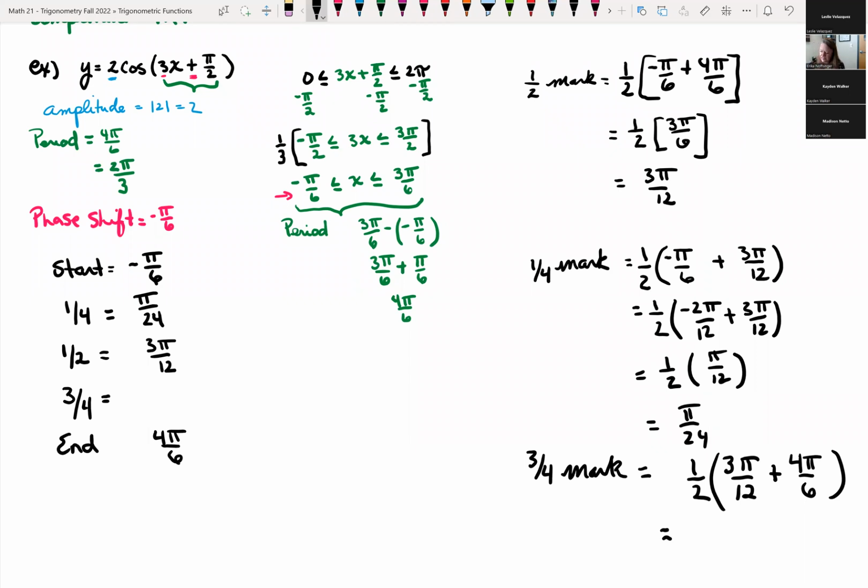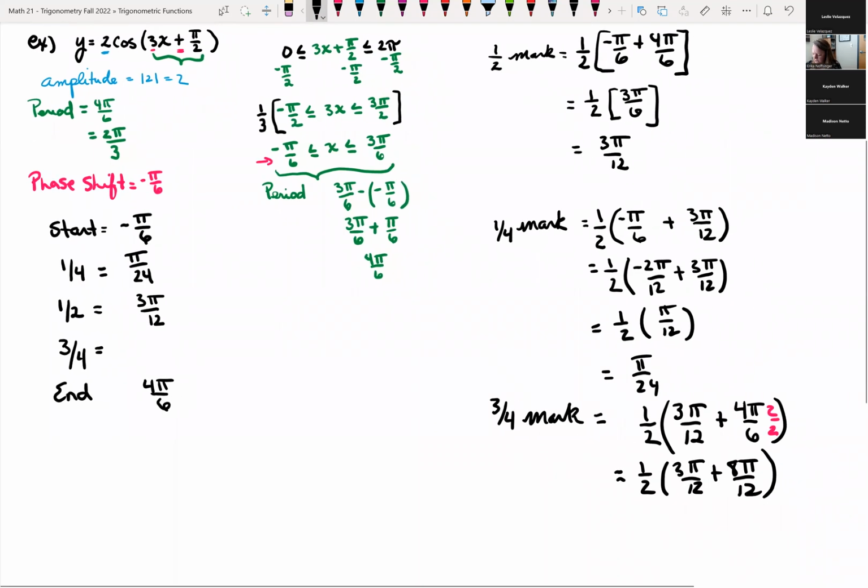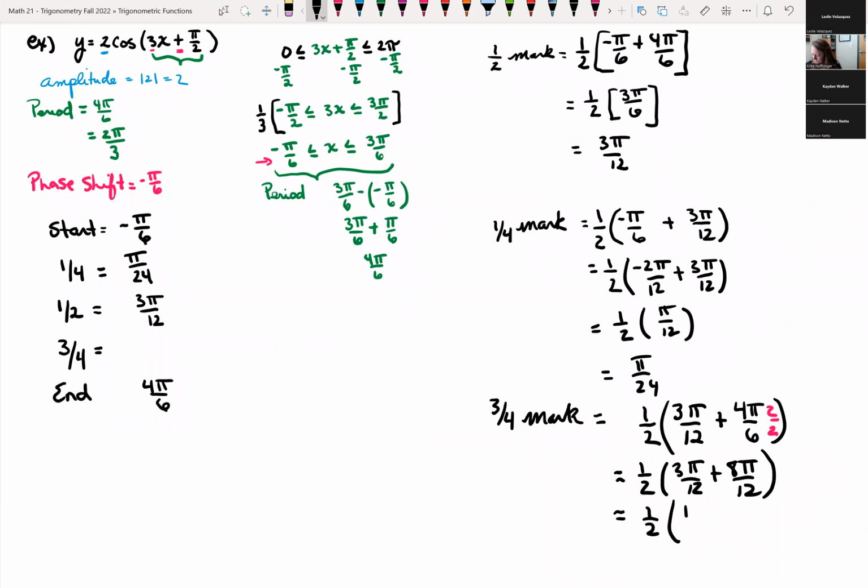So we need a common denominator. Multiply 4 pi over 6 by 2/2 to get 12 in the denominator. So we have 1/2 times 3 pi over 12 plus 8 pi over 12, which is 11 pi over 12. So 1/2 times 11 pi over 12 is 11 pi over 24.